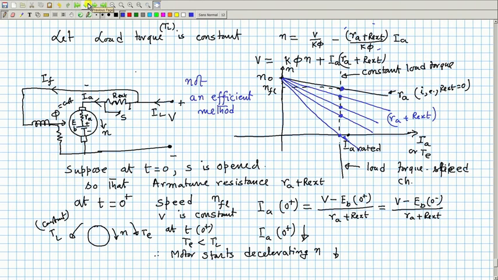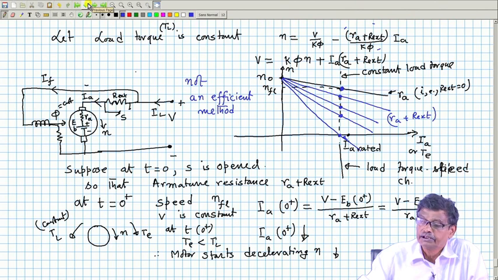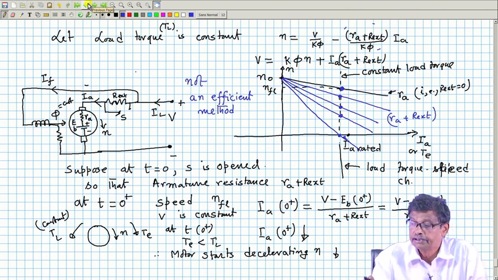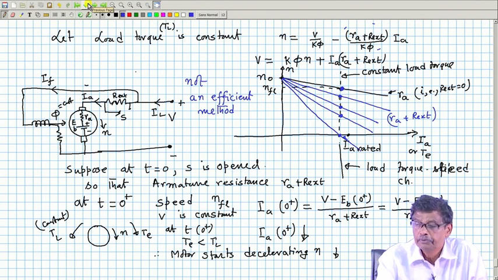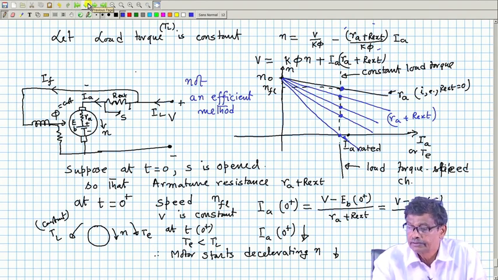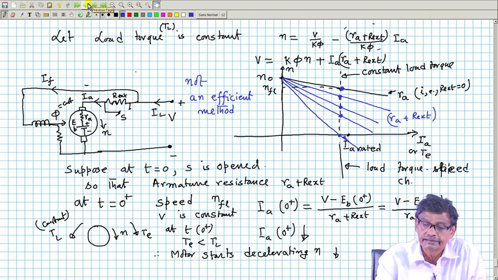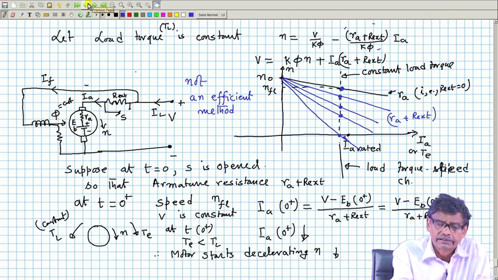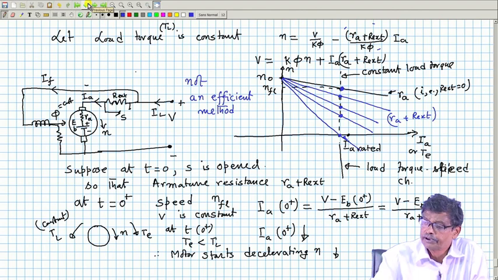If you want to control the speed of the machine by connecting an external resistance R external in the armature circuit, then the steady operating point will be the point of intersection of the electromagnetic torque versus speed characteristics of the machine. Speed we plot on the y axis and torque or armature current on the x axis, and I am not touching the field current, so rated flux it is operating.